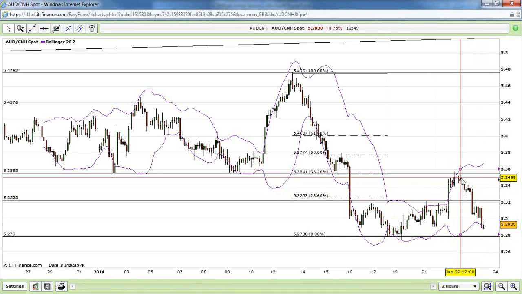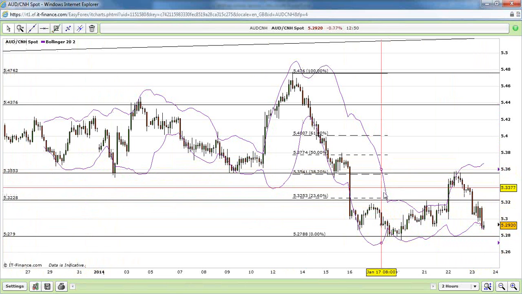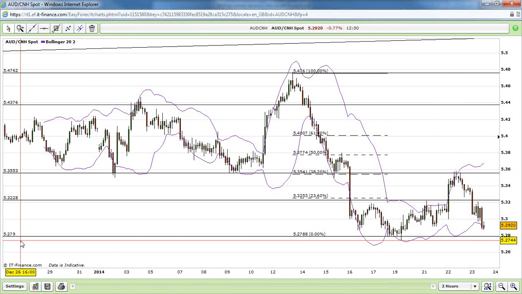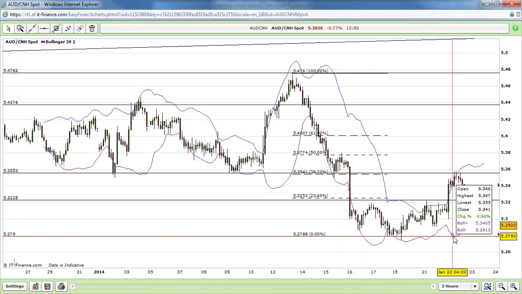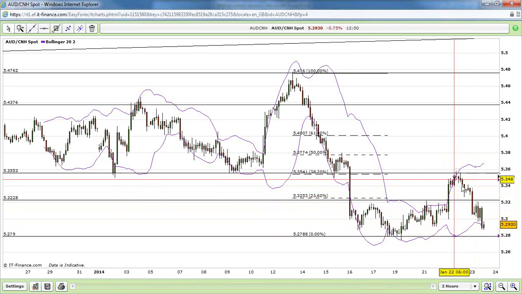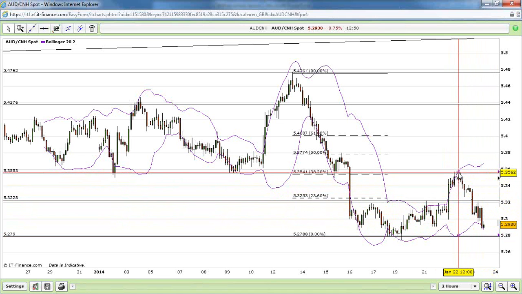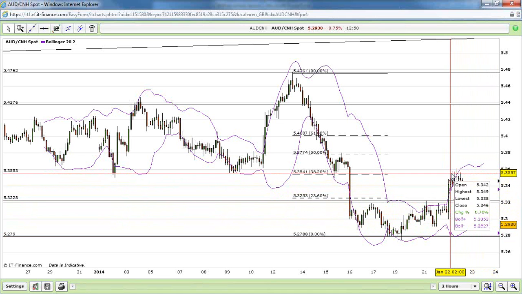That move, if we'd managed to get in at 5.355, it's moved down around about 750 pips, and on a one-lot trade, 7,000 CNH. We're looking at over $1,000 for a one-lot trade move in the space of just a day. It's a big move, and it's something that you can definitely look for when you're trading on the CNH.